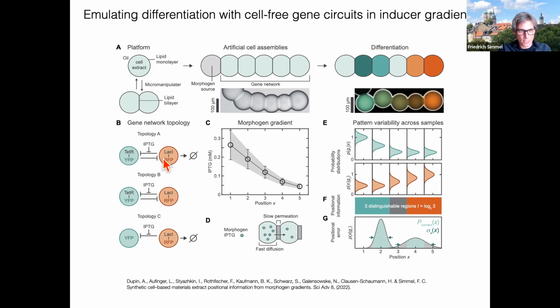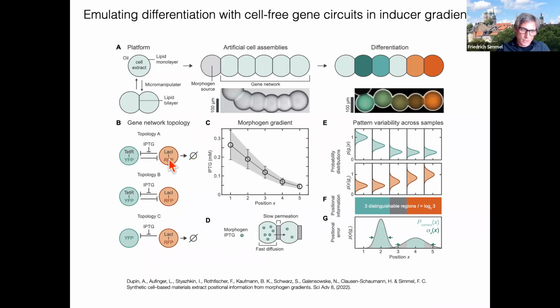So this needs to repress this, and because the system evolves over several hours, there is not enough time to complete one of these feedback loops. Therefore we do not get the intermediate expression levels that you would like to have to be able to distinguish several regions.